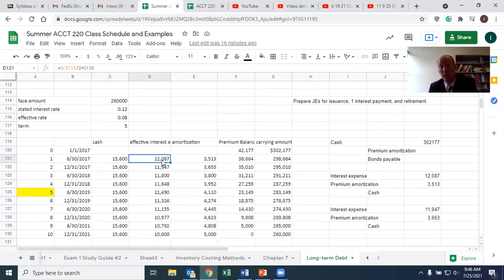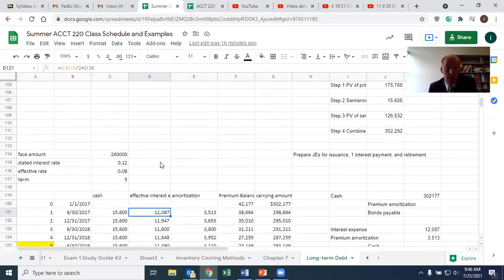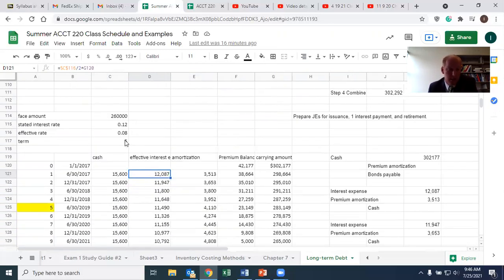The effective interest expense is going to be based on the market rate, which is 8%, divided by 2, which gives you 4%, and then multiply that by the carrying amount. So that's the interest expense, okay? And then the difference between those is what we call the amortization. So in this case, it's a premium amortization, okay?